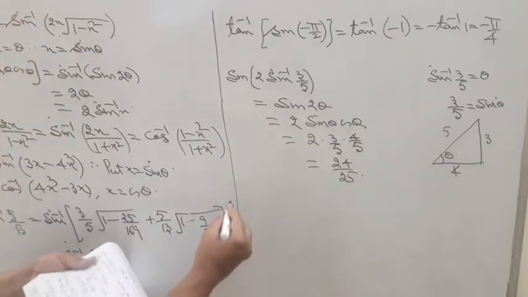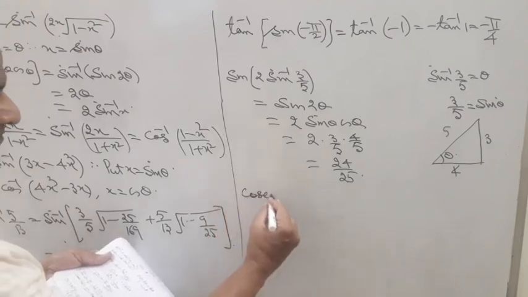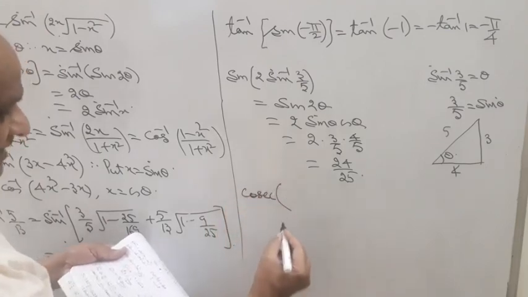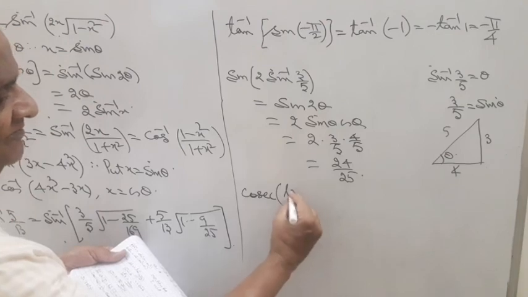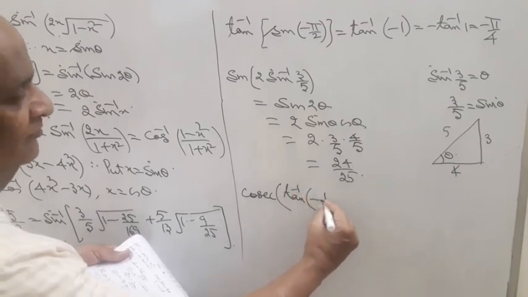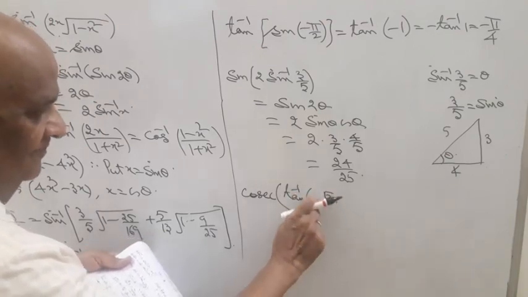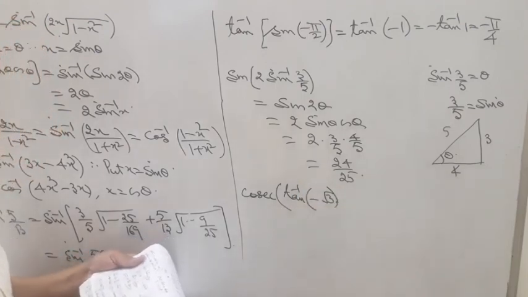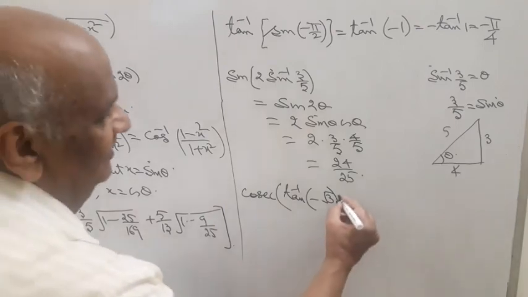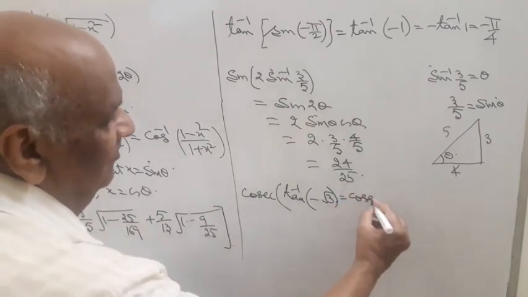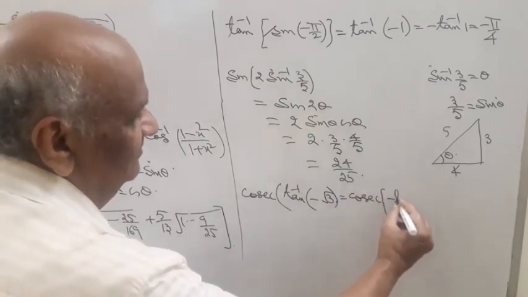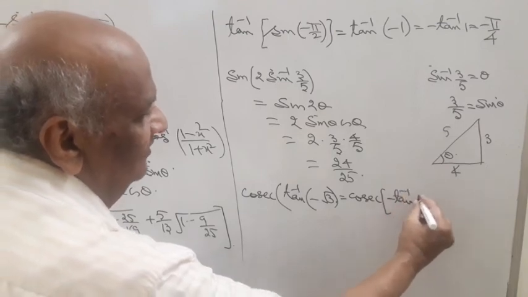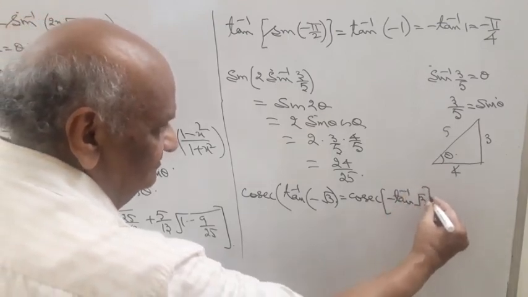Say cosecant of tan inverse of minus under root 3. Check out this. Cosecant of tan inverse of minus under root 3 is cosecant of minus tan inverse under root 3.